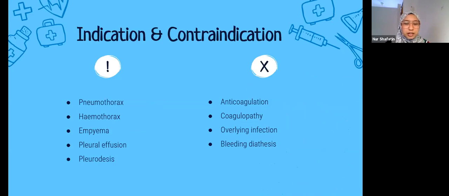The indications for chest tube insertion include pneumothorax, hemothorax, empyema, pleural effusion, also pleurodesis and some other indications. Pleurodesis is a chest tube insertion to facilitate the instillation of sclerosing agents into the pleural space for treatment of refractory effusion. The contraindications of a chest drain include anticoagulation, coagulopathy, overlying infection, and also bleeding diathesis.